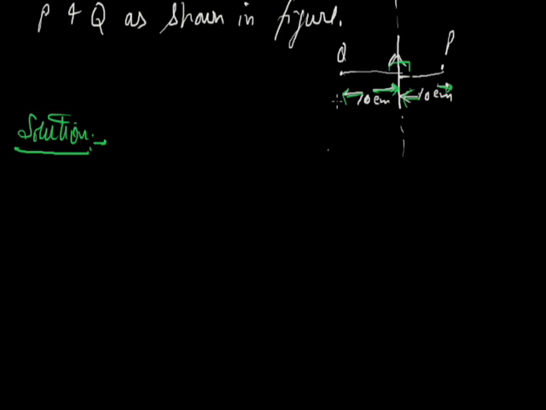It means the magnitude of the magnetic field at both the points P and Q will be the same.